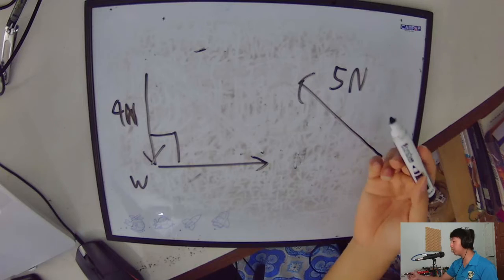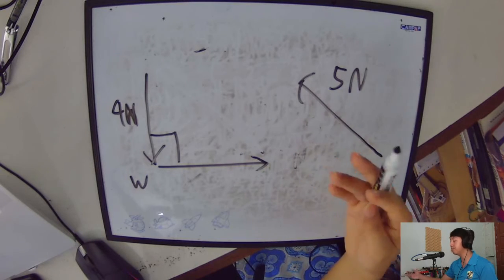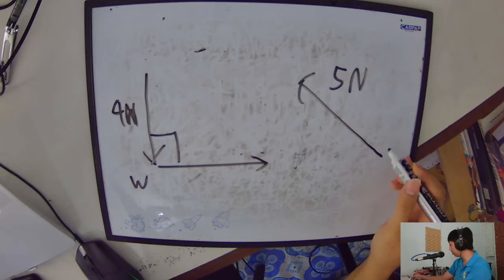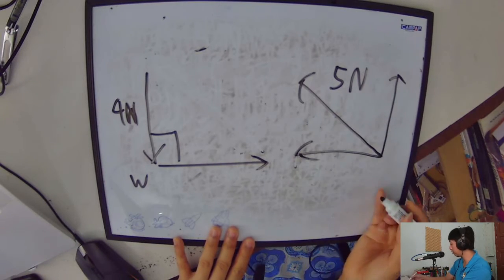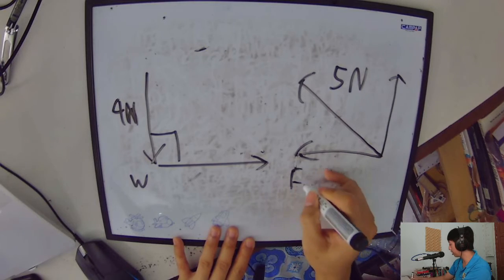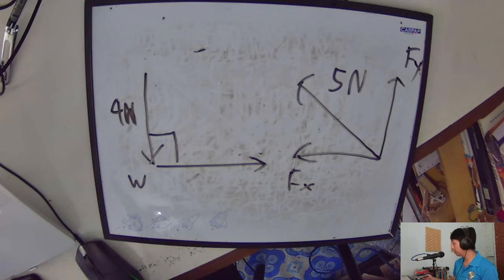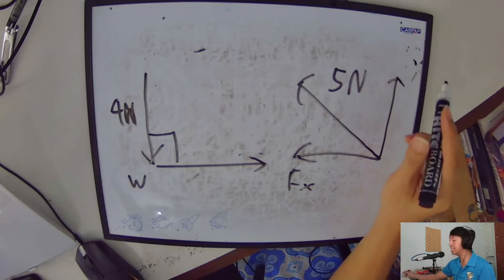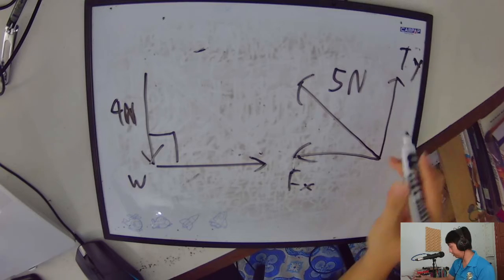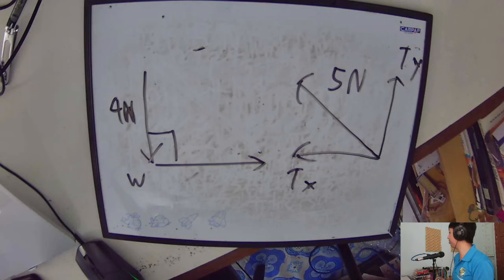We can actually resolve this into two forces. Remember what we learned last week? We take this and turn it into a vertical and a horizontal aspect, so Tx and Ty. Actually, it shouldn't be F, it should be T. Now, notice this very carefully.